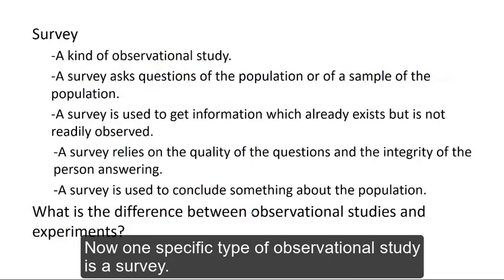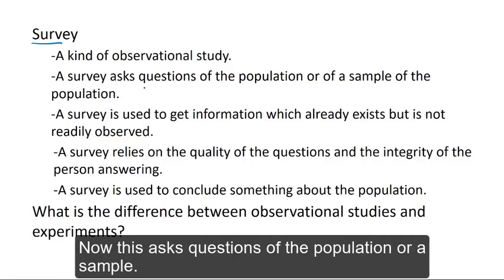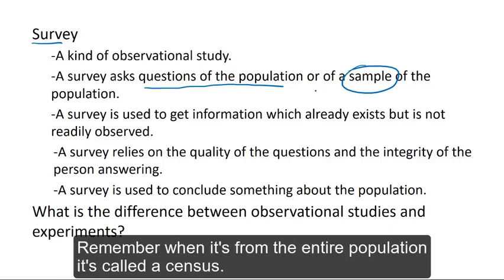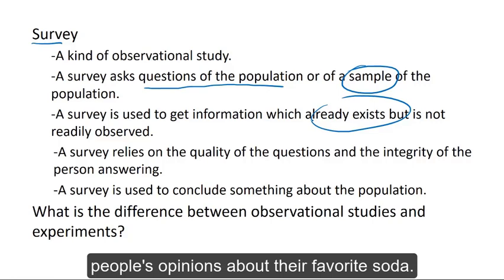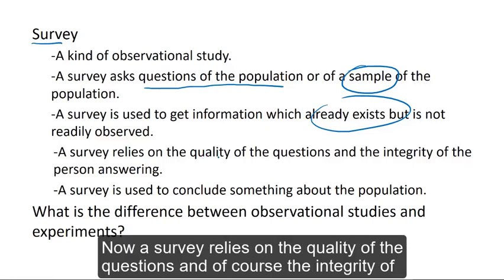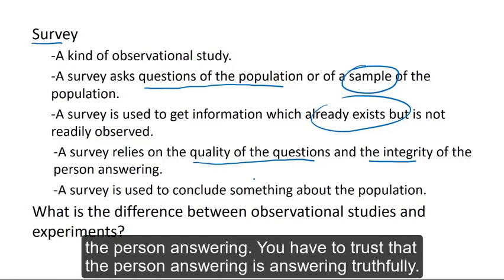Now, one specific type of observational study is a survey. Now, this asks questions of the population or a sample. We remember, when it's from the entire population, it's called a census. Now, a survey gets information that already exists, but it's not readily observed. For example, people's opinions about their favorite soda. Now, a survey relies on the quality of the questions and, of course, the integrity of the person answering.